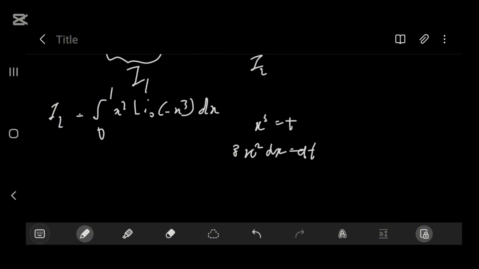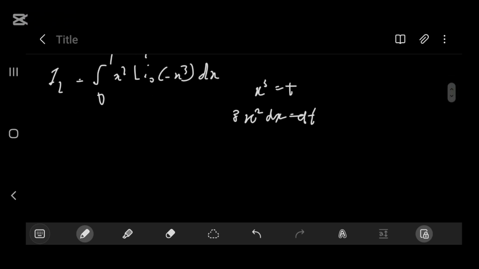The boundaries stay the same as before, so we don't have to worry about that. So what we'll have here is the integral from 0 to 1 of 1 over 3 trilogarithm of minus t dt.